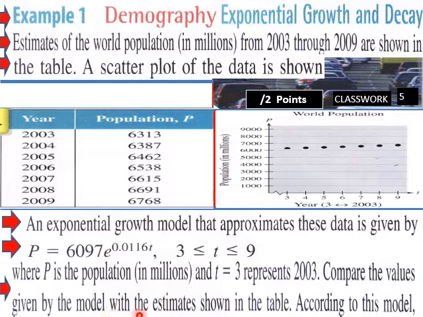Compare the values given by the model with the estimates shown in the table. So these are estimates through 2009, and this is a function that approximates these data. So does the table match what the function portrays? That's the question.